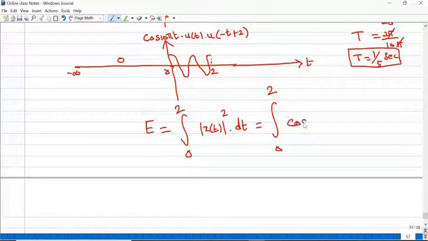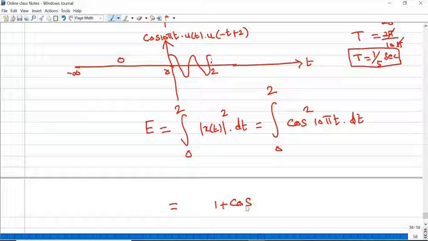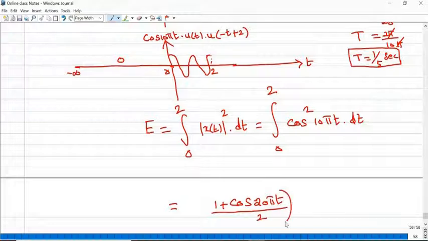That is cos square 10 pi t. So cos square theta is (1 plus cos 2 theta) by 2, into dt.